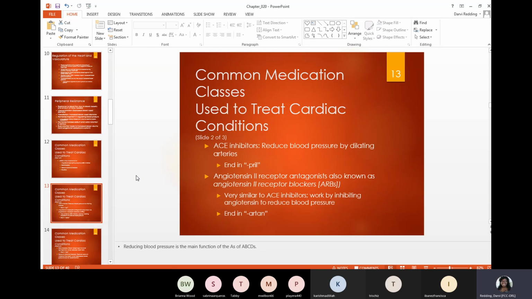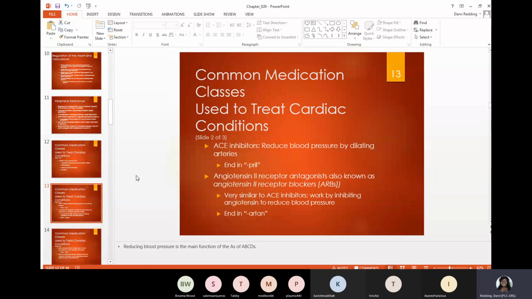So an ACE inhibitor, remember, angiotensin converting enzyme. The ACE inhibitor works by reducing blood pressure by dilating the arteries. So when it comes to knowing which medication belongs to the ACE inhibitors family, like I mentioned before, anytime you think of a medication class, that medication class has a family. And with this one, medications that are ACE inhibitors are going to end in pril.